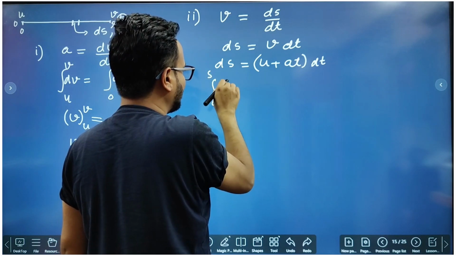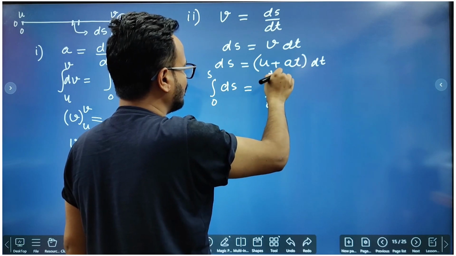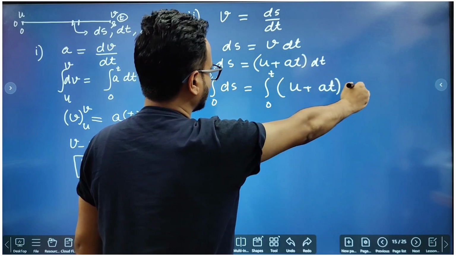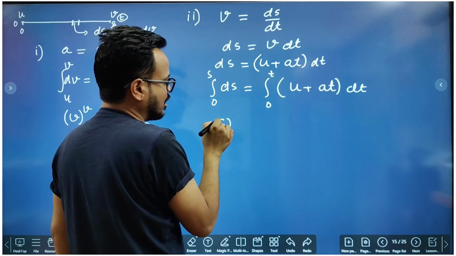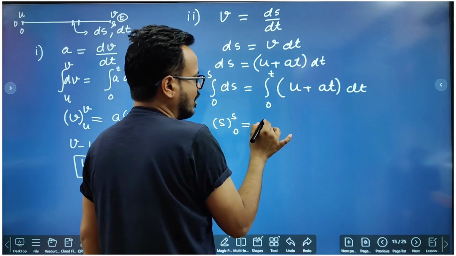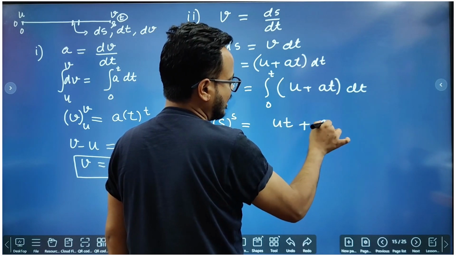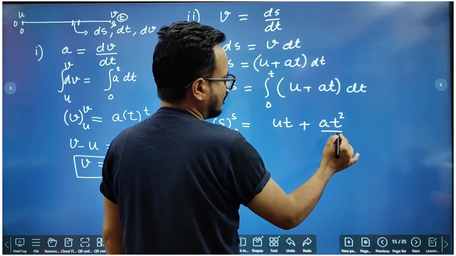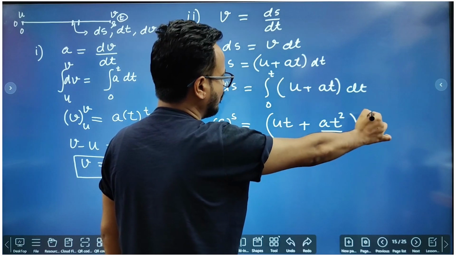Limits of s are 0 to s and limits of t are 0 to t. Now let's integrate. Integral of ds is s, limit is 0 to s. Integral of u is ut and a is constant. Integral of t is t square by 2 and limits are 0 to t.